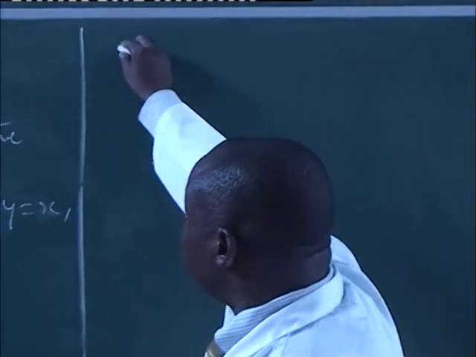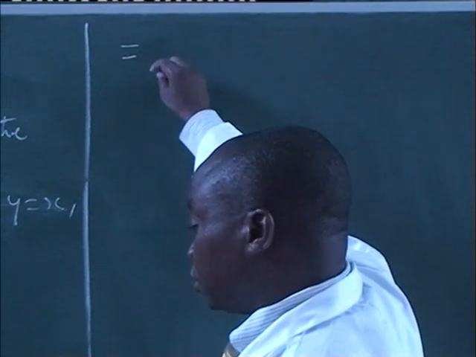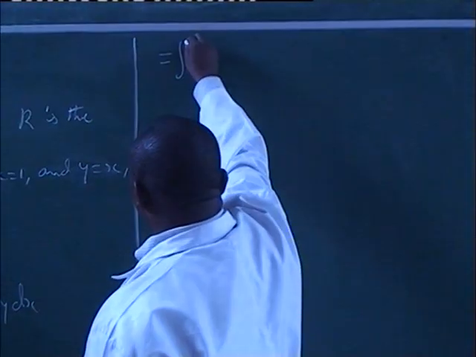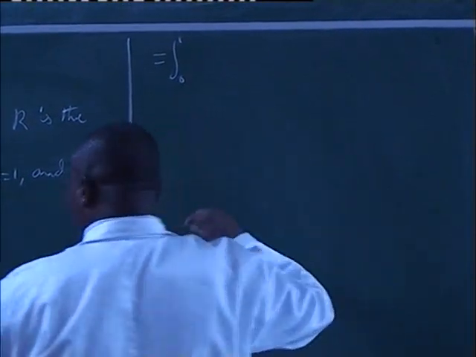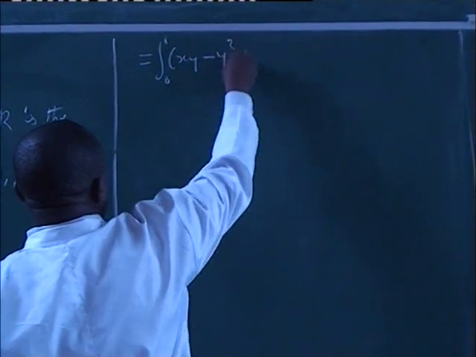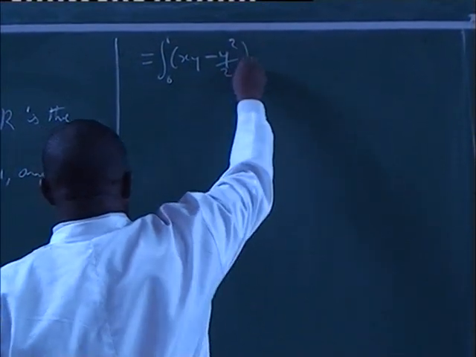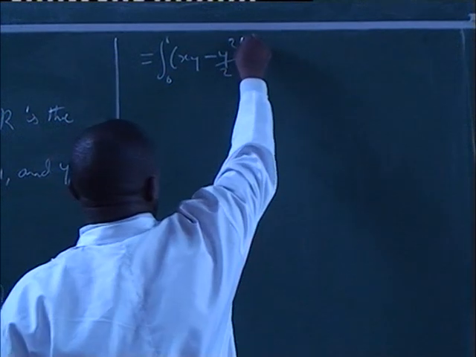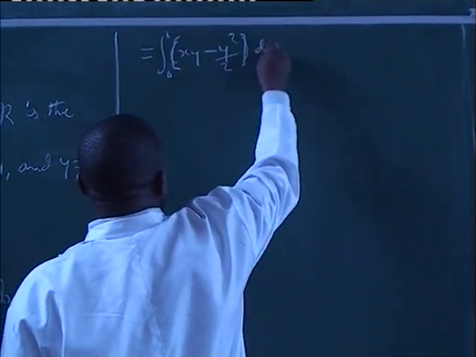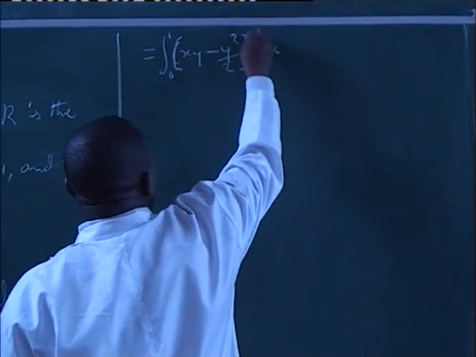We just go one after the other, like we normally do, even in elementary calculus. So this will be the same as the integral from 0 to 1. Now, if we integrate this with respect to y, we'll have xy minus y squared over 2, then we can now put in the limits.